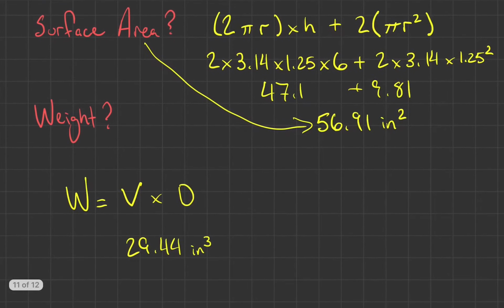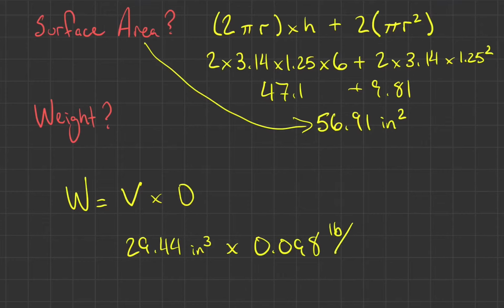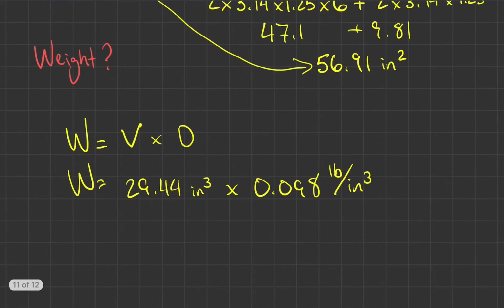So we're going to multiply that by 0.098 pounds per inches cubed. And that's what weight is equal to. And our weight in this case is going to be equal to 5.58 pounds.